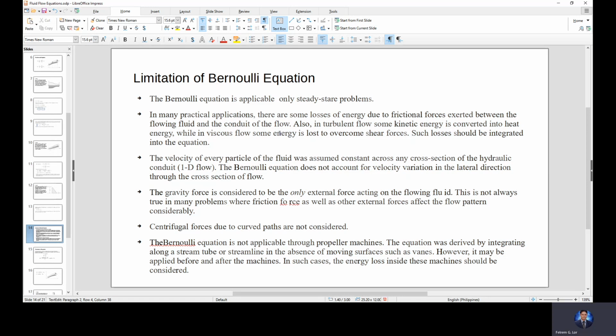In reality, the water particles don't move in a straight flow, they move about in the lateral direction, which is not considered in one-dimensional flow. I emphasize this so that you will know there are limitations to this equation. Back when I was still in college, the teacher just discussed it, and I thought this equation could be applicable to all.